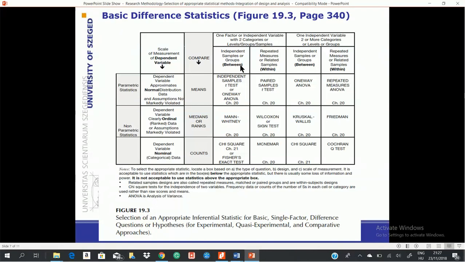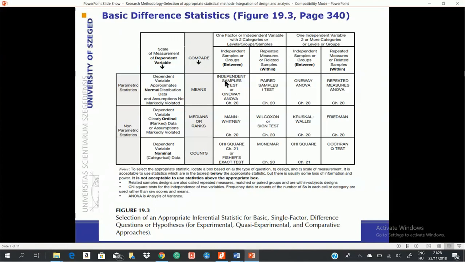It means that if you have two groups, one is done by pre-test and post-test, and the other, the experiment or control group, is also done with pre-test and post-test. The independent sample is the treatment.